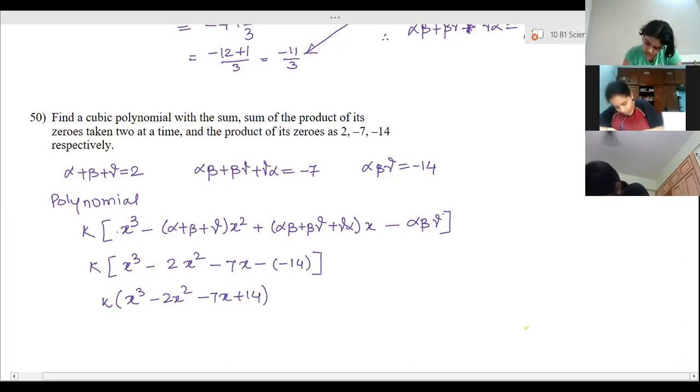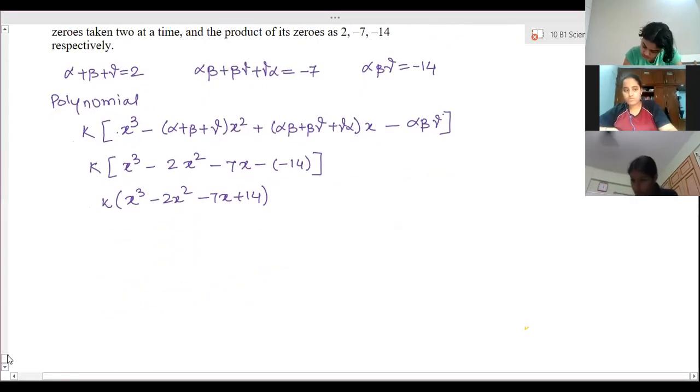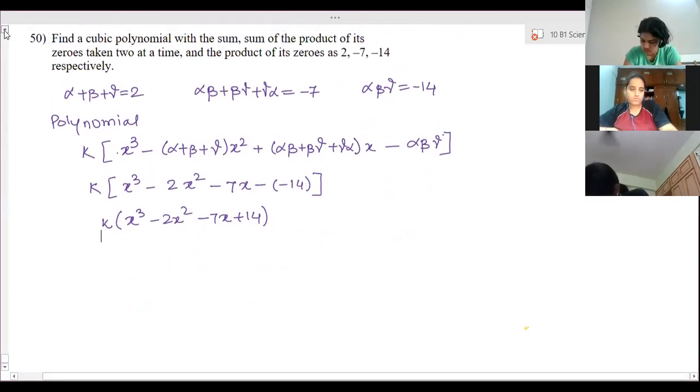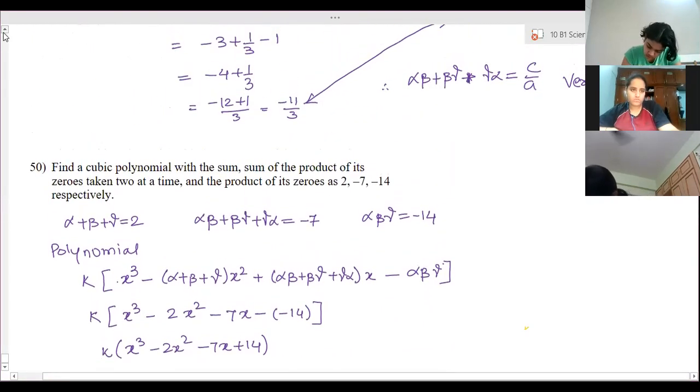One balancing, second one before CBSE questions, then CBSE questions. Fine, ma'am. Ma'am, 49th one is for homework. Ma'am, can you scroll up? No, ma'am, I want to see the thing that is up.